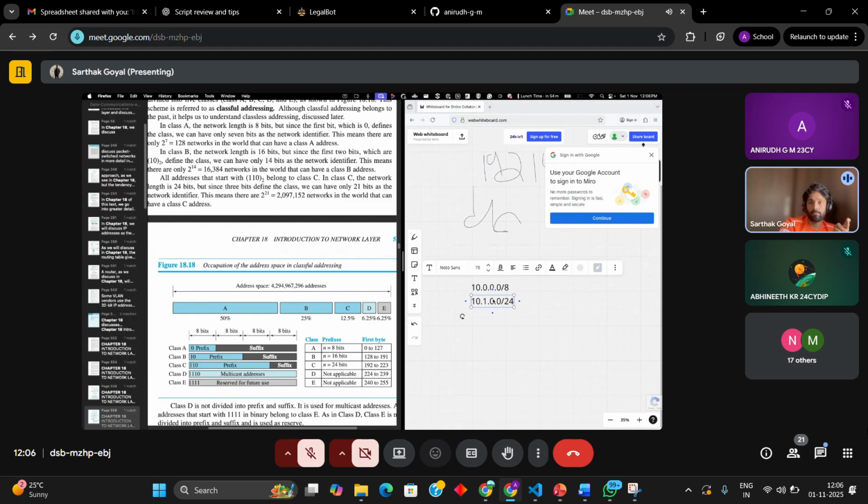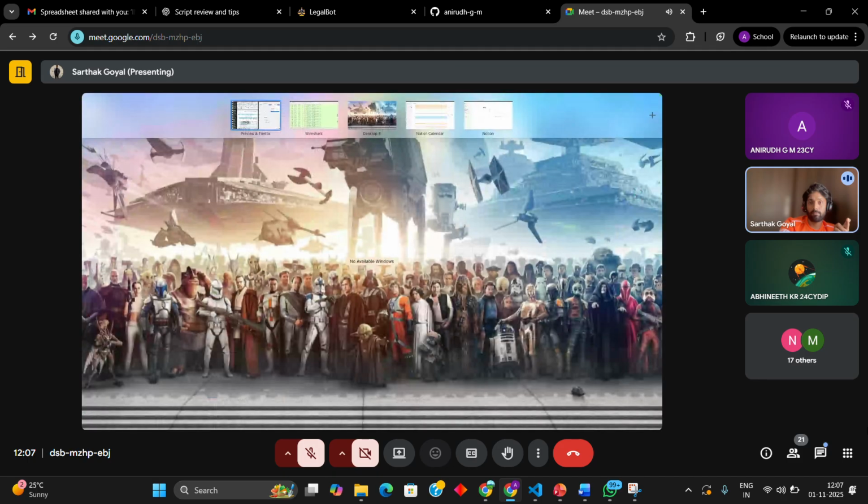So what will happen is, though this network ID belongs to this subnet, it's a part of this class A subnet itself. I've broken it down into a smaller subnet so that I can lend it to someone else as well. Same way, both of these slash 24 would belong to slash 8, because slash 8 is a class A subnet, slash 24 is a class C subnet.